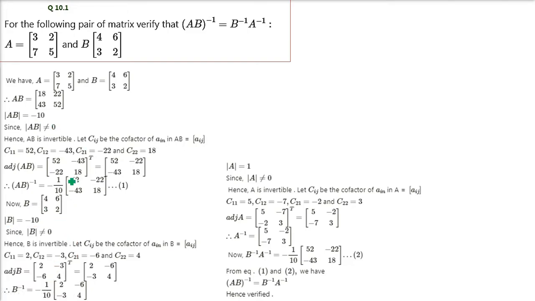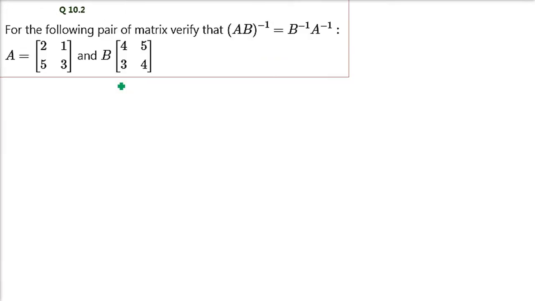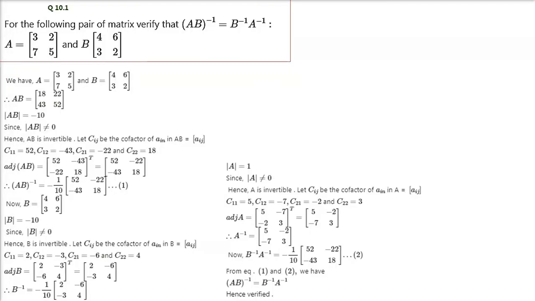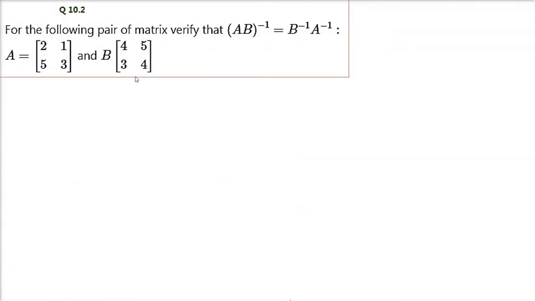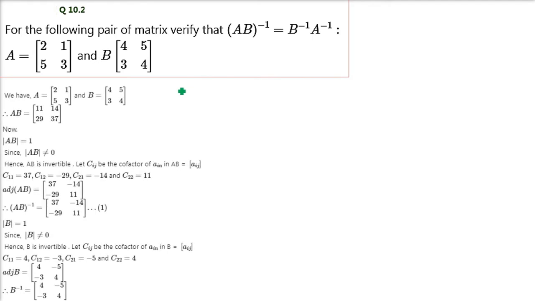You have to check the determinant of AB also. This is not equal to 0, this has to be found out because non-singularity has to be checked, as this comes when the inverse has to be found out. See, this is not equal to 0, this is not equal to 0. These are the basic things you have to do and you have to write all so that the examiner can understand.